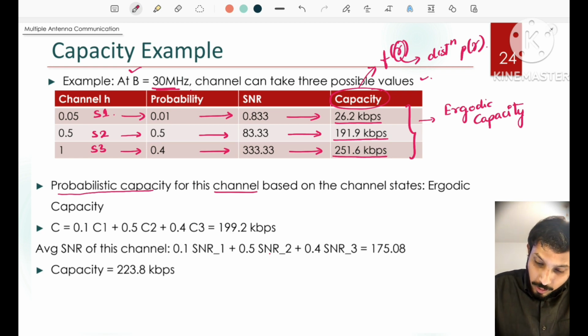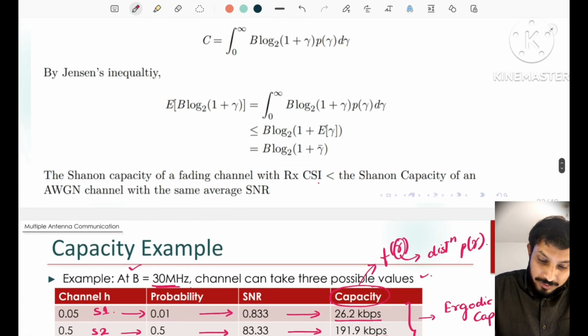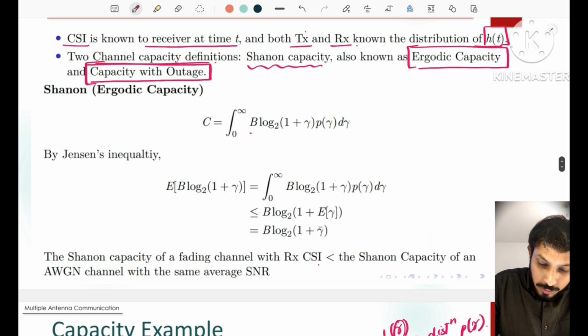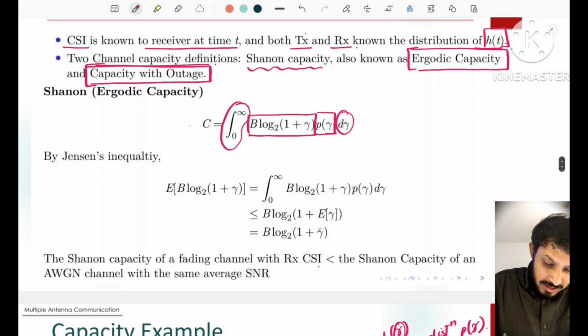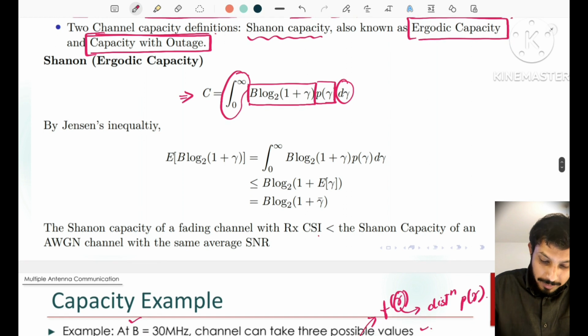So then ergodic capacity can be defined as the integral of B log 2 (1 plus gamma), the capacity as a function of gamma, times p of gamma, the distribution of gamma, integrated over the values. So this is what is defined as ergodic capacity.